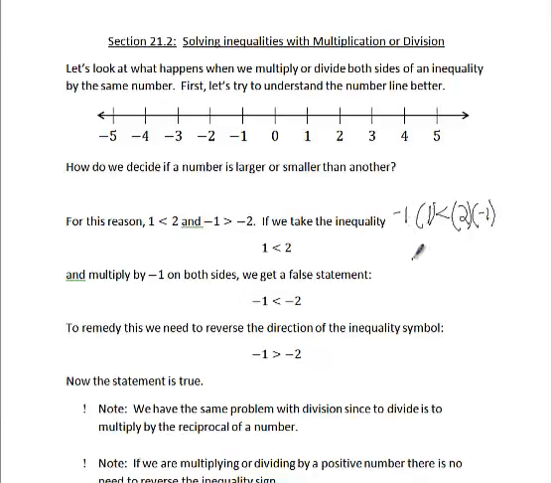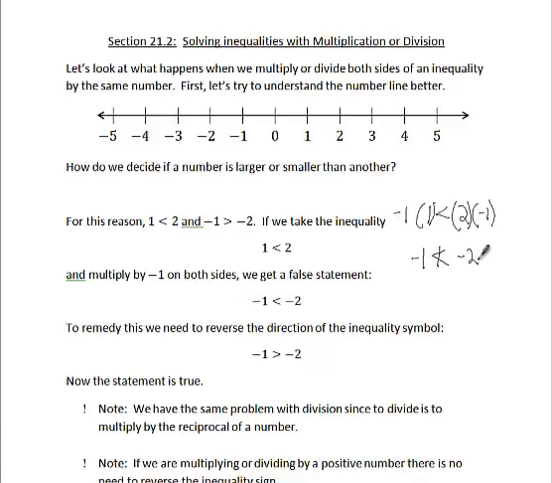On the left, I would get a -1. On the right, I would get a -2. And now, if we simply bring down the inequality in the same orientation, we no longer have a true inequality. Okay, -1 is not less than -2. It's the other way around.